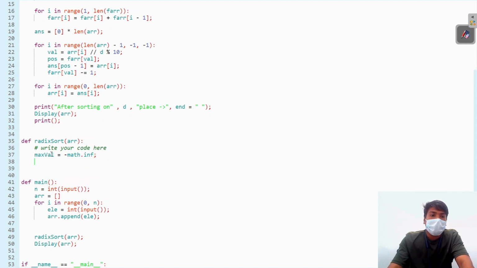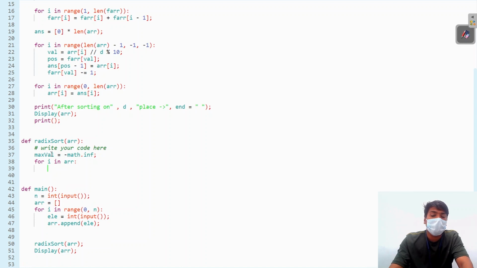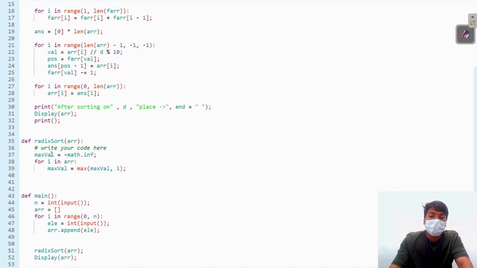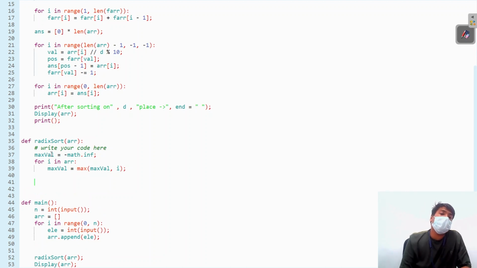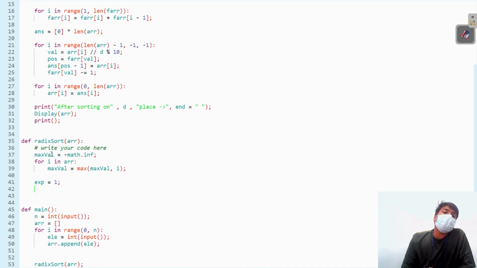It is my max value, and now for I in ARR, I'll say Maxwell is equals to max of Maxwell and I. So this will give me the max element in my array. And now I'll initialize an exponent, exp is equals to 1, that will send the first place element first.